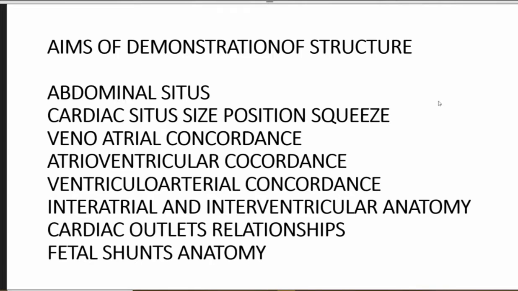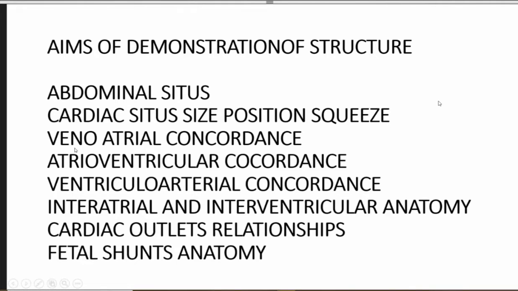So we have certain aims of demonstration when we do a fetal echo. We need to demonstrate a few structures during the fetal echo. What are these structures to be demonstrated? Abdominal situs, cardiac situs, size, position, squeeze.